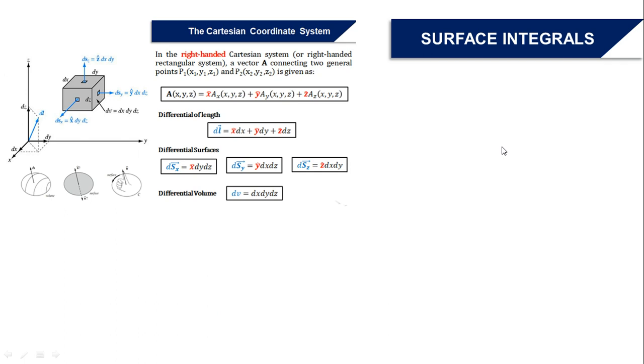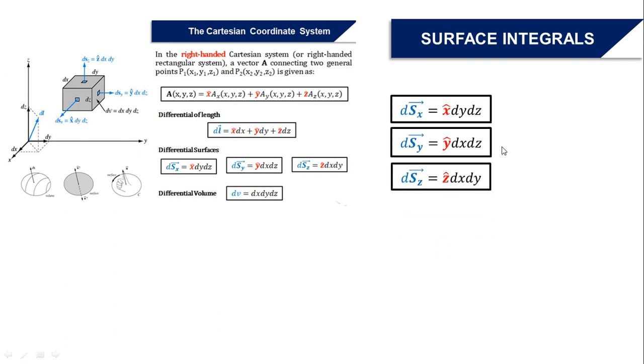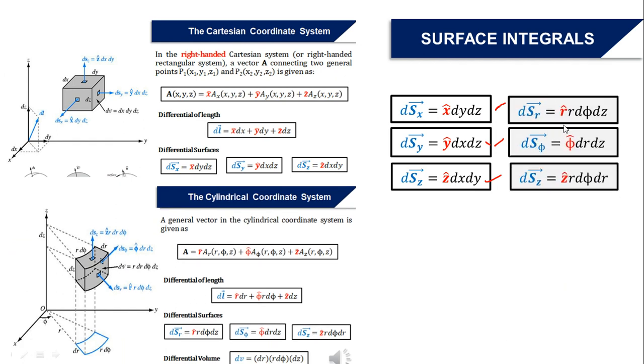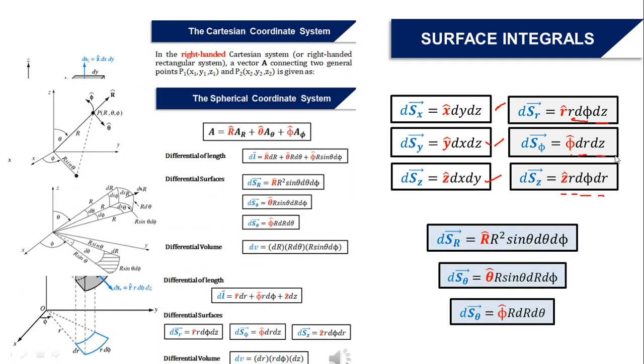Like for example, sa Cartesian coordinate system, yung ating surface differentials, ito yung formulas or expressions na gagamitin natin. Sa cylindrical naman, ito, r hat, tapos r dphi dz, phi hat dr dz, z hat r dphi dr. Yan. Then sa spherical naman, sulat ko lang dito ulit, ito yung ating gagamitin.